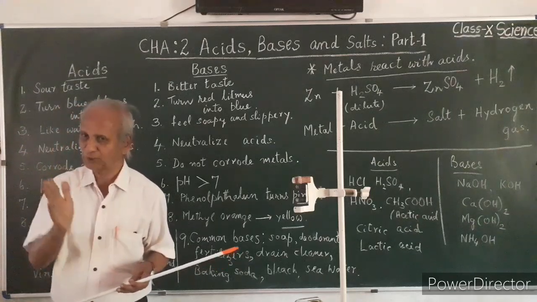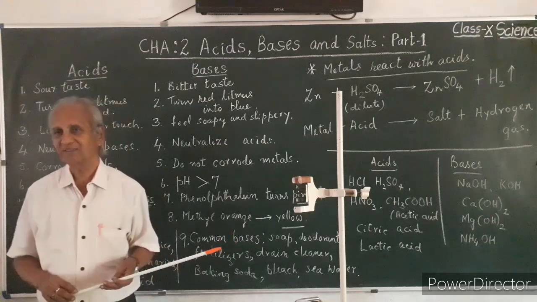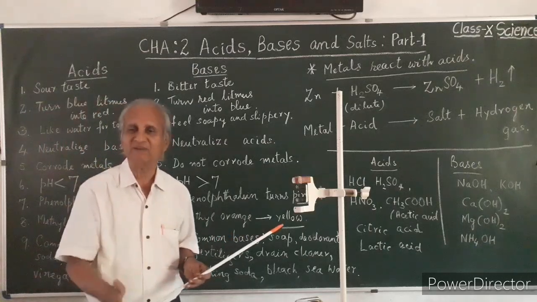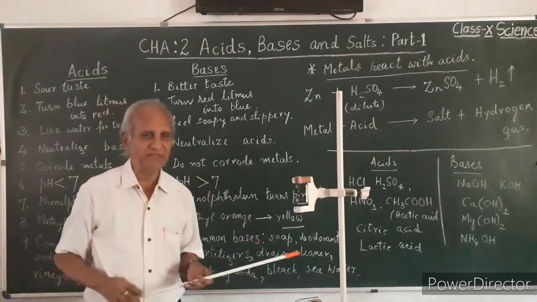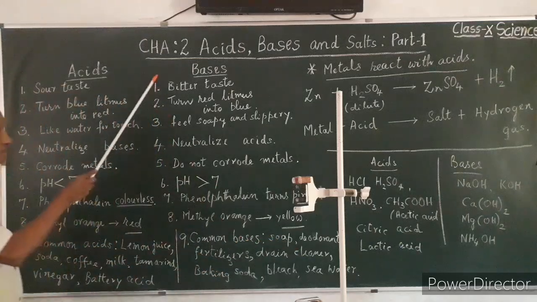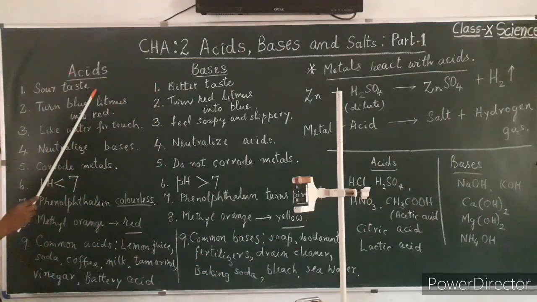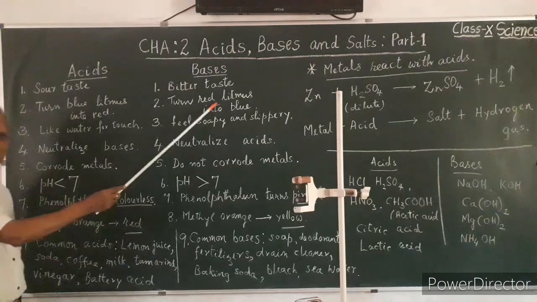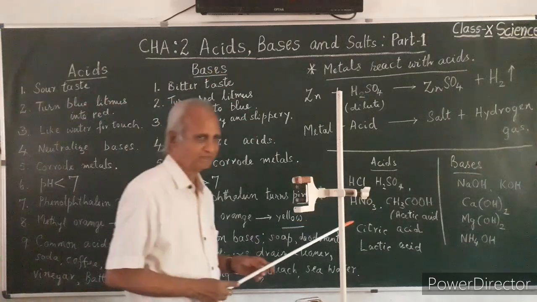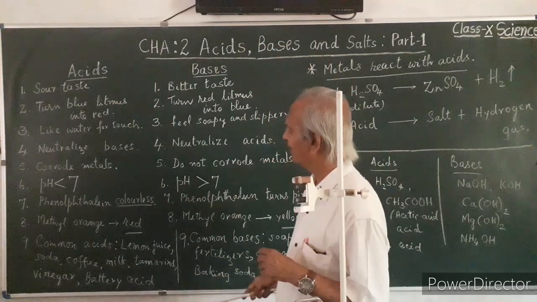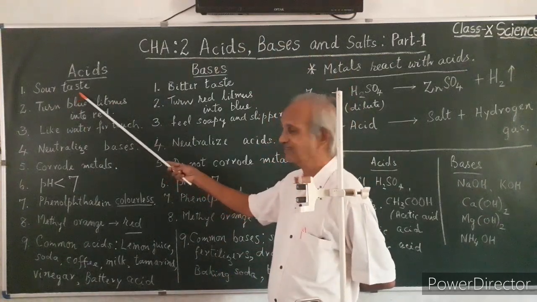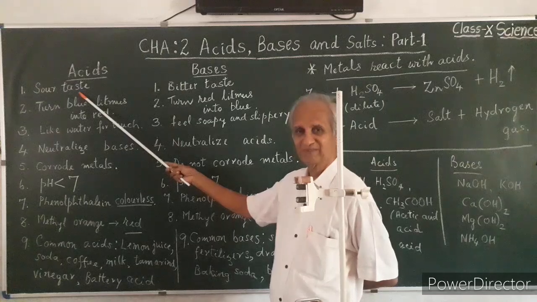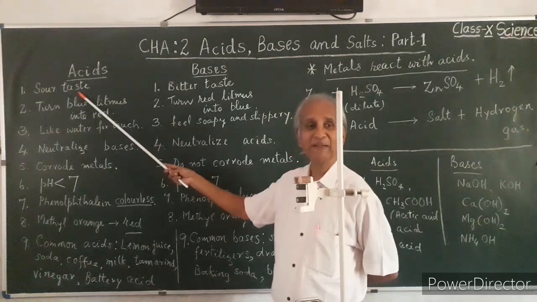Now let us try to make a table wherein we distinguish between acids and bases. I have drawn a chart here, acids versus bases. The first one we already discussed just now. Sour taste. Maybe buttermilk.